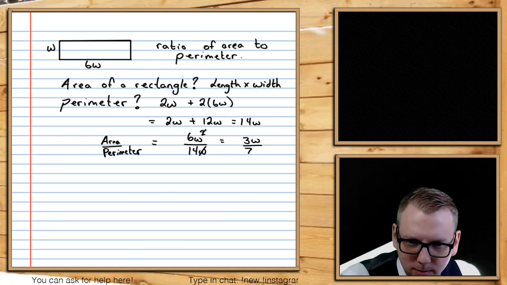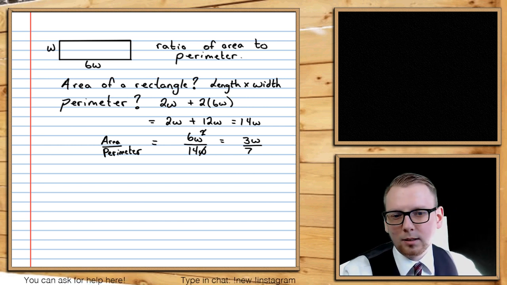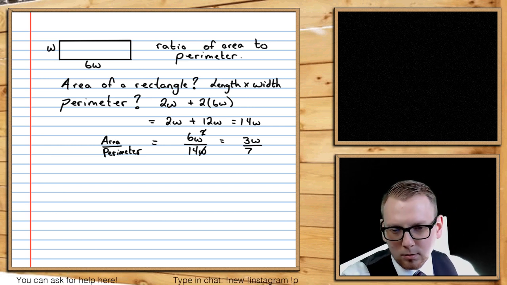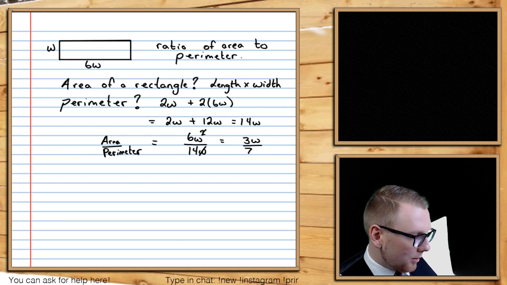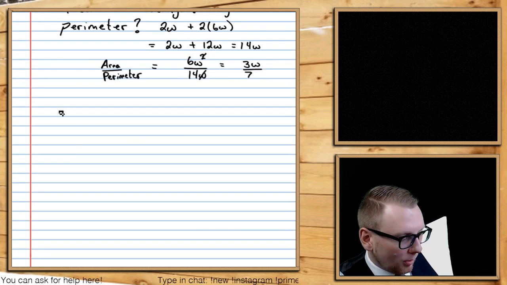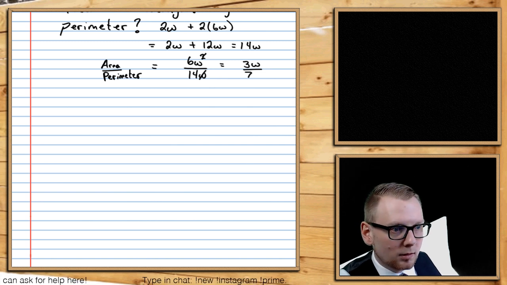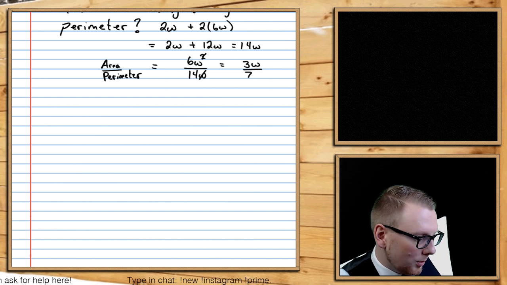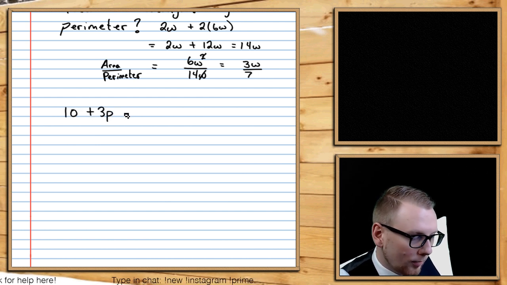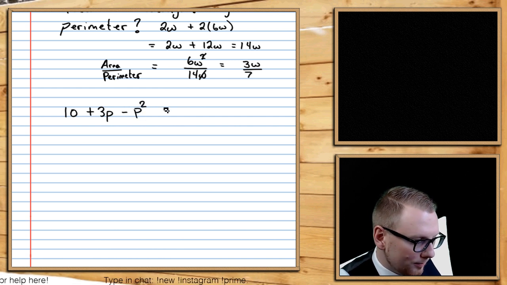So I'm not sure what you mean, making the equation go from negative to positive to the power. So are you meaning like the one we did before? Because we had, what was it? We had 10 plus 3p minus p squared.